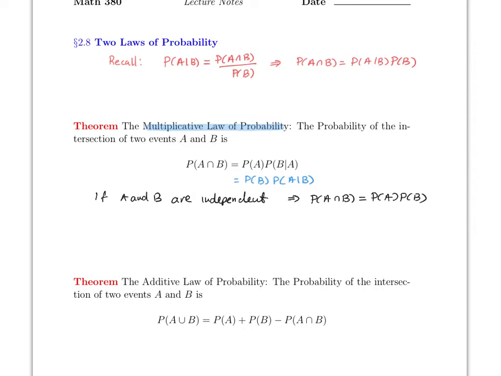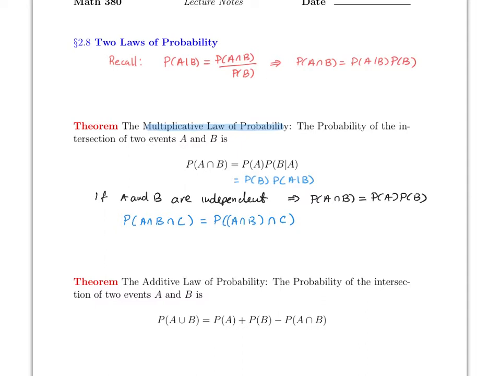Now this formula will also work if you have more than two events. So let's say you wanted to find the probability that A happens, and B happens, and C happens at the same time. Then this will be the probability that A and B happen, and C. So you can break it down this way.